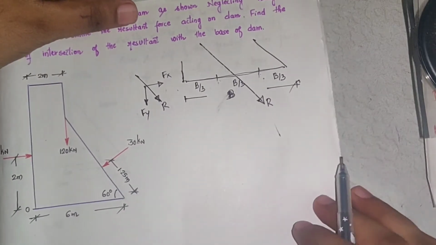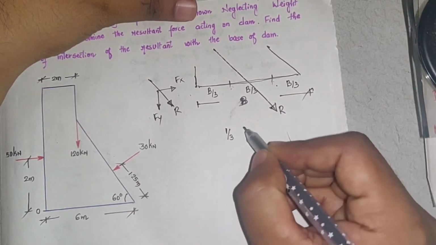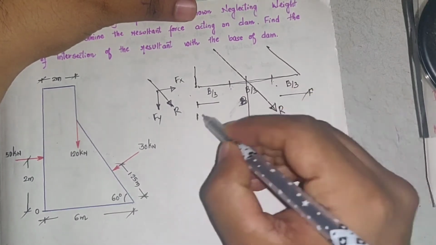If the resultant of the forces acting on the dam passes between this middle third portion, then the dam is considered to be safe. So the condition for the dam to be safe is on the intercept, the distance where the resultant cuts.